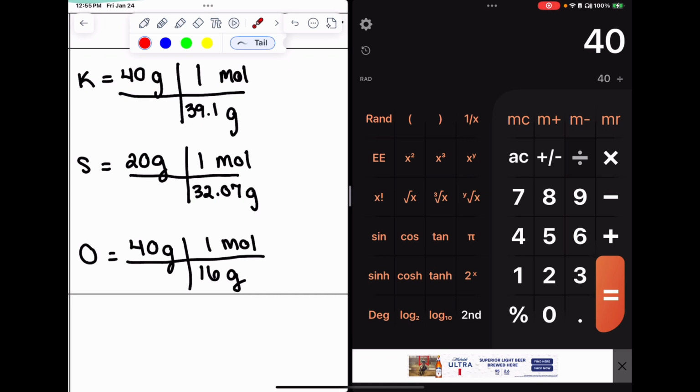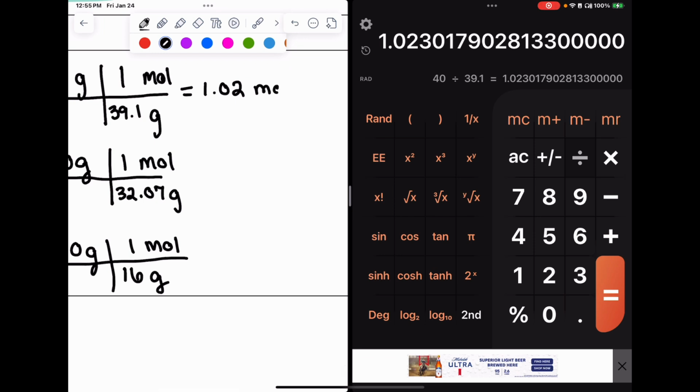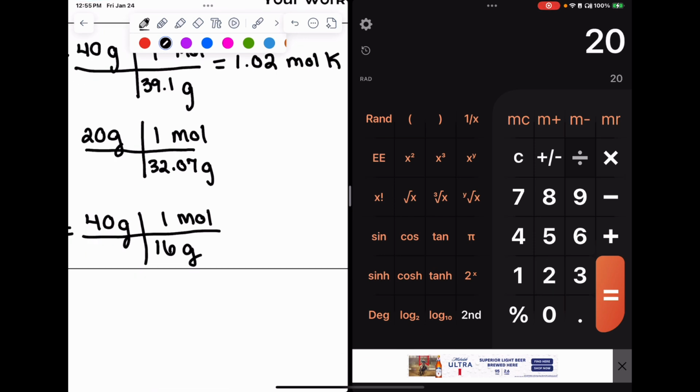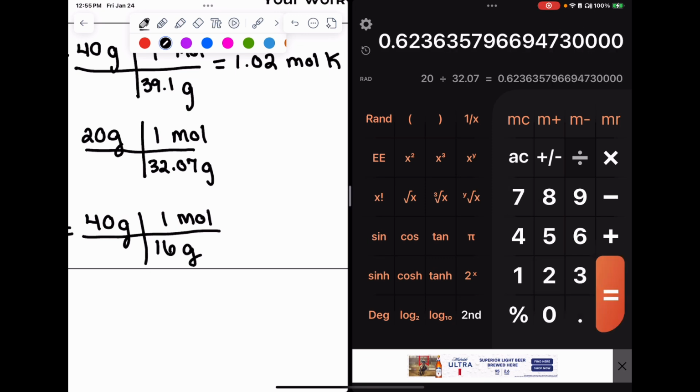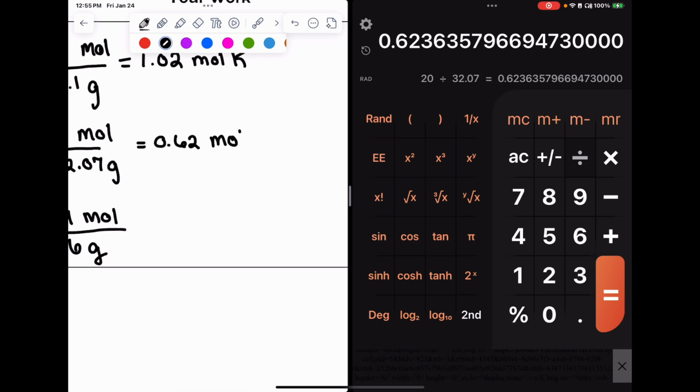40 divided by 39.1, 1.02 moles of K, or potassium. Next we have 20 divided by 32.07, which is 0.62 moles of sulfur.